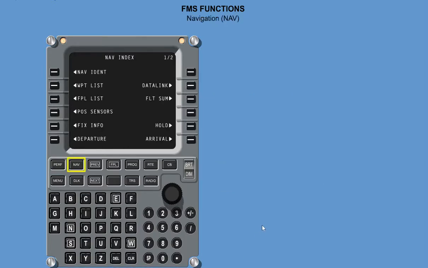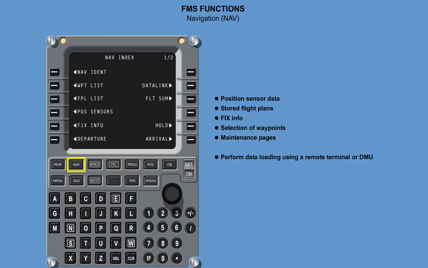Navigation. This function gives access to an index providing access to position sensor data, stored flight plans, fix info, selection of waypoints and maintenance pages. In addition, in this page it is possible to perform data loading using a remote terminal or DMU.